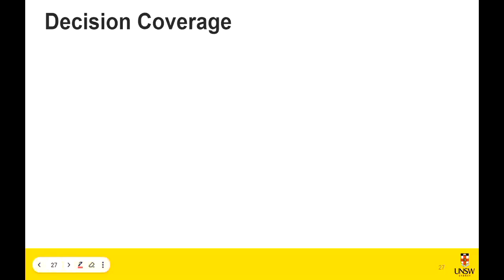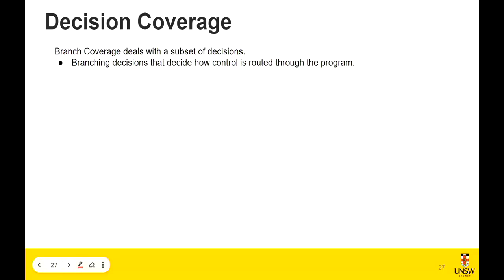So let's continue. As you can see, we have different decisions and different conditions. So we can have decision coverage, and of course, we can also have condition coverage. Let's first deal with decision coverage. Branch coverage actually deals with only a subset of decisions. As we just mentioned, decisions could appear in those branching conditions. They could also appear somewhere else, like in variable assignments.